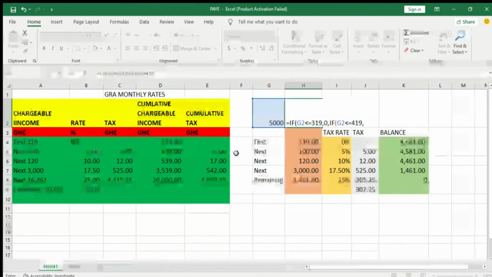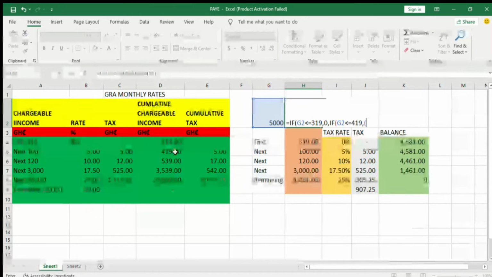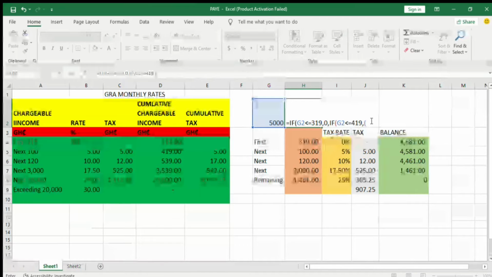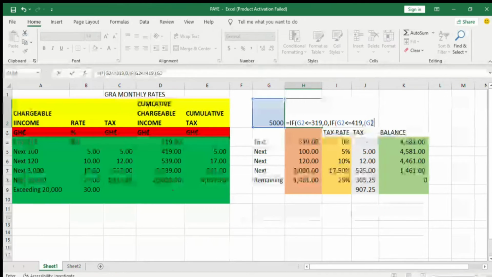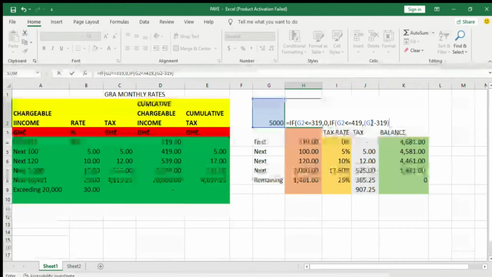So at this level, this is the next 100. So the difference between the 419 and the 319 is the 100, and it is at a rate of 5%. So that's what we have to do here. So this is how we enter it. So G2 minus 319, bracket close, times 5%. Yes, this is how it's done.